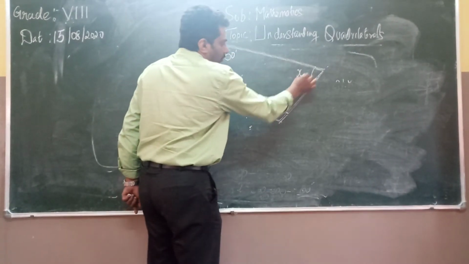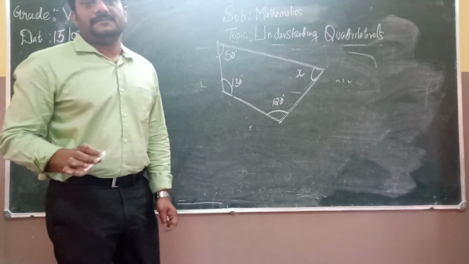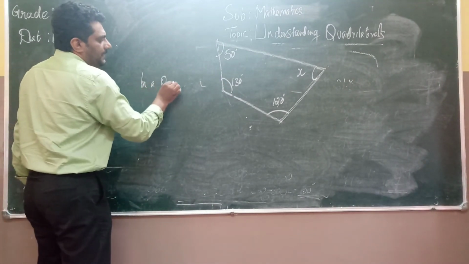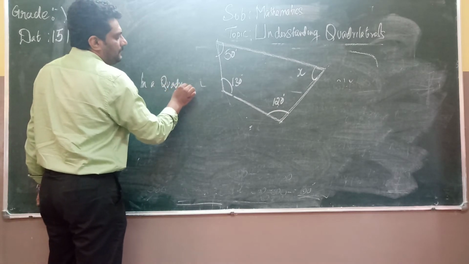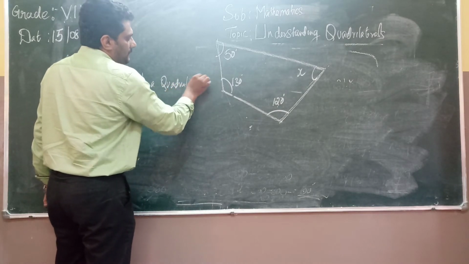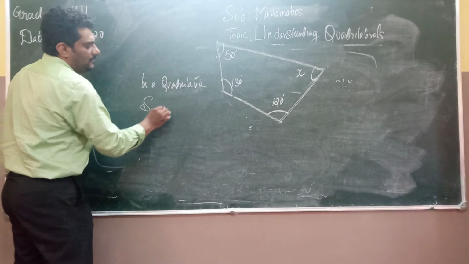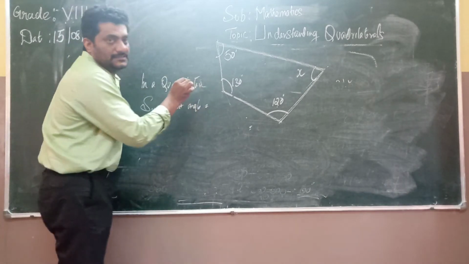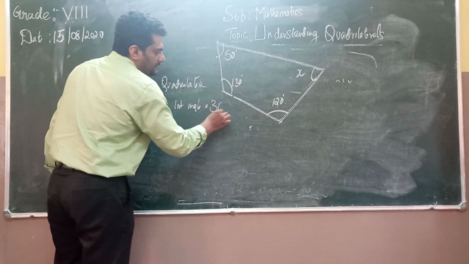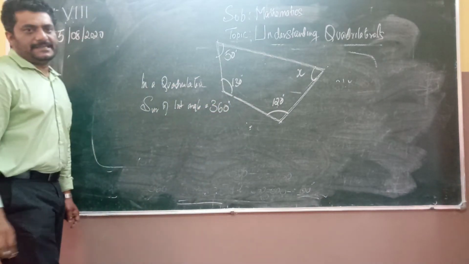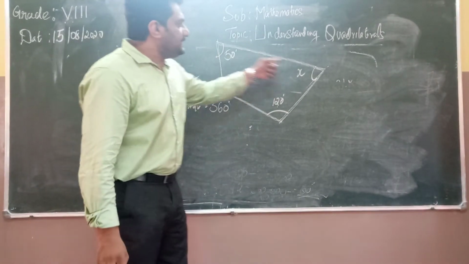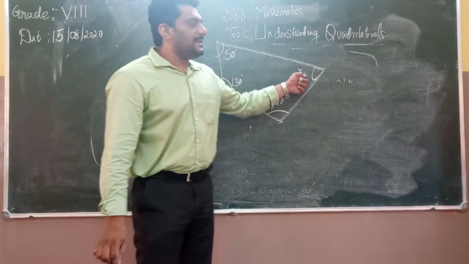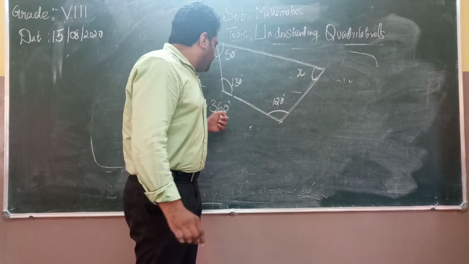Now when we add all the interior angles, how much do we get in a quadrilateral? In a quadrilateral, the sum of interior angles is equal to how much? 360 degrees. Correct? That means when we add all these angles, you have to get 360 degrees. Now here this angle they have not given, but we already know this one.